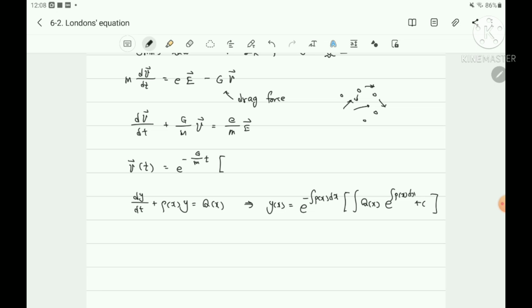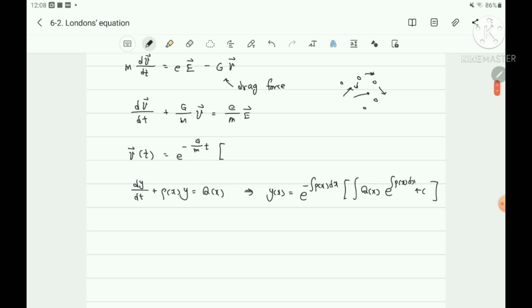You may have forgotten the solution of the first order differential equation. Anyway, it is a solution.